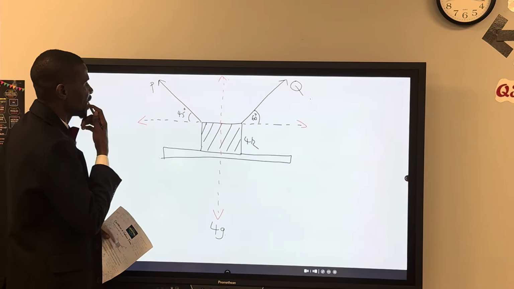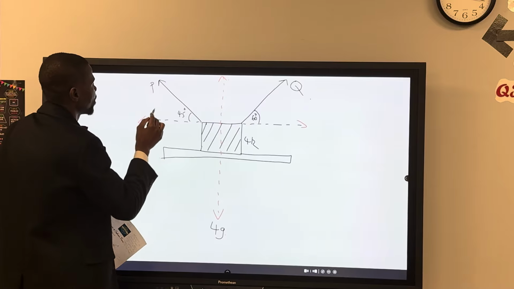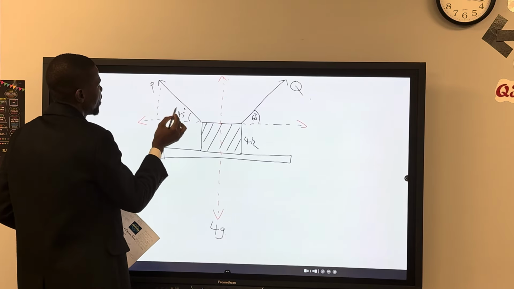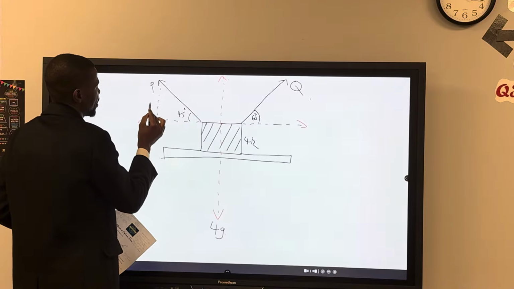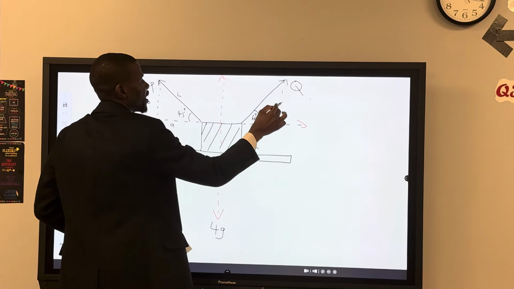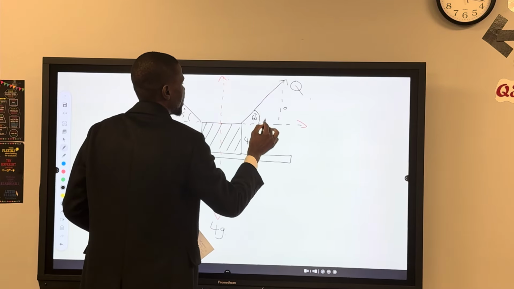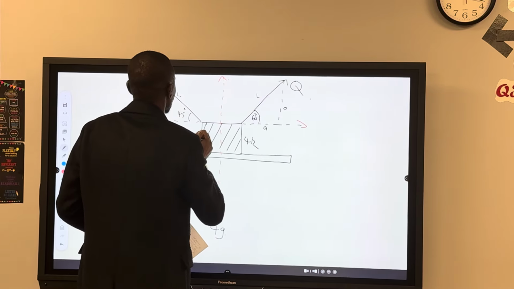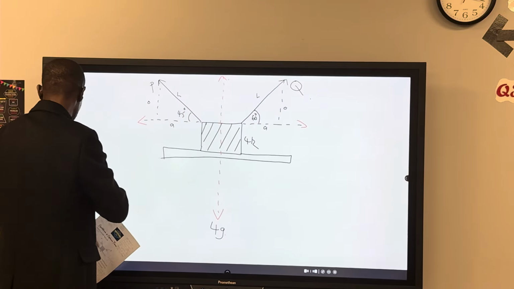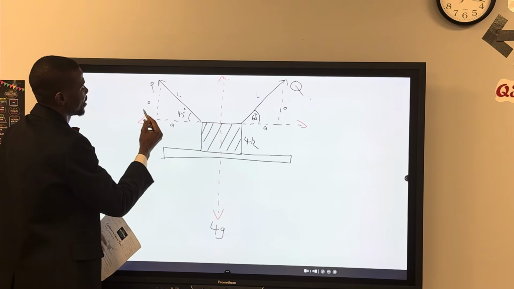Then here, when we resolve, this is P, so that's opposite, adjacent, hypotenuse. Then again, we have opposite and hypotenuse, right? So if we resolve vertically, it's going to be opposite.